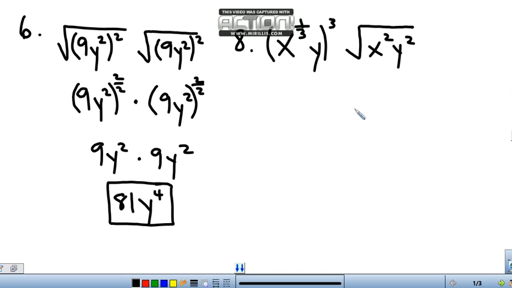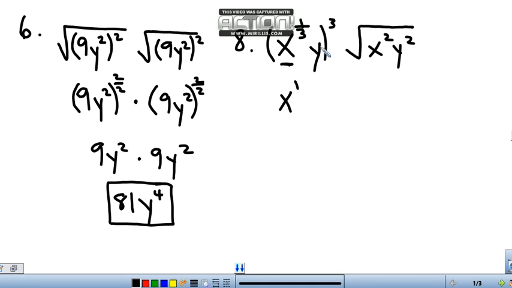I think what I'm going to do is do my power of product here. So I'm going to distribute this 3 to each exponent. Okay, so first I'm going to deal with this one here. X to the 1/3 power to the 3rd power, you multiply 1/3 times 3, so that equals 1. So that will be x to the 1 power.